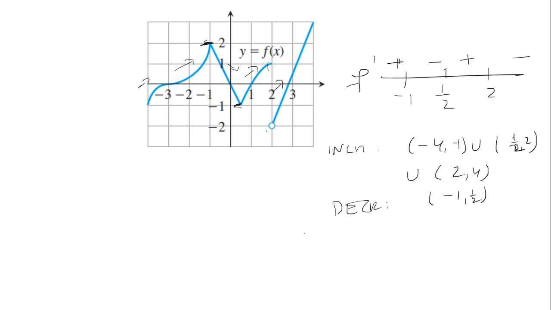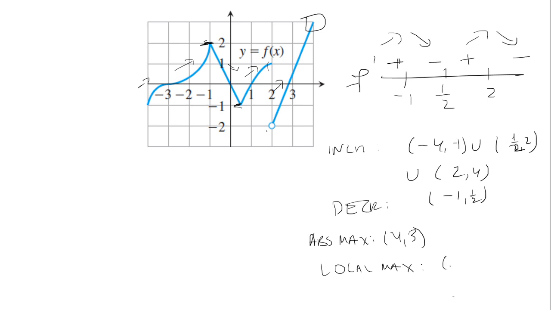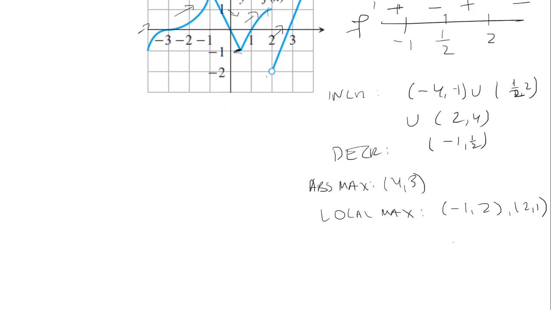And there's the absolute maximum. So that's going to be all the way up here at 4, 3. A local max. Okay, so that's increasing and decreasing. So that's at negative 1 and 2. Absolute min.